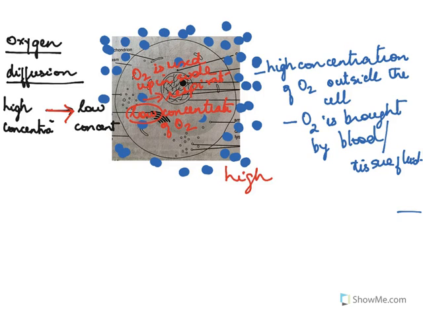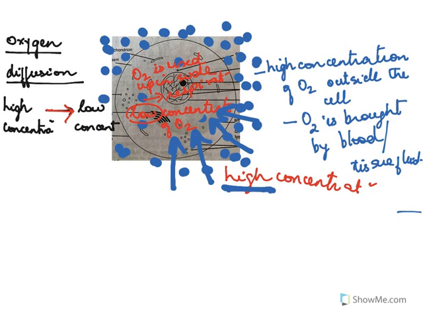Outside there is a high concentration of oxygen. So what do you expect now? The oxygen is going to rush into the cell. From a high concentration, it moves into an area of low concentration, and that is why oxygen enters the cell.